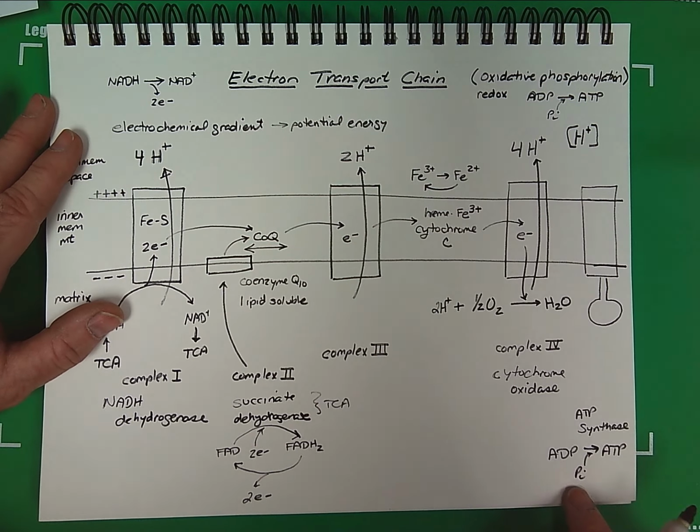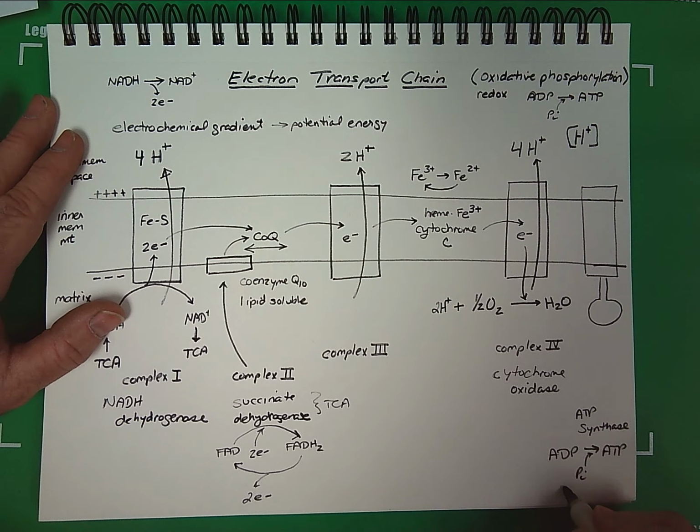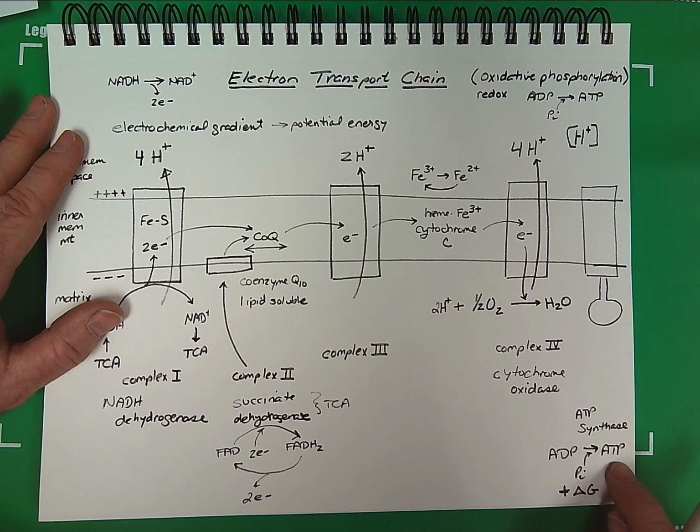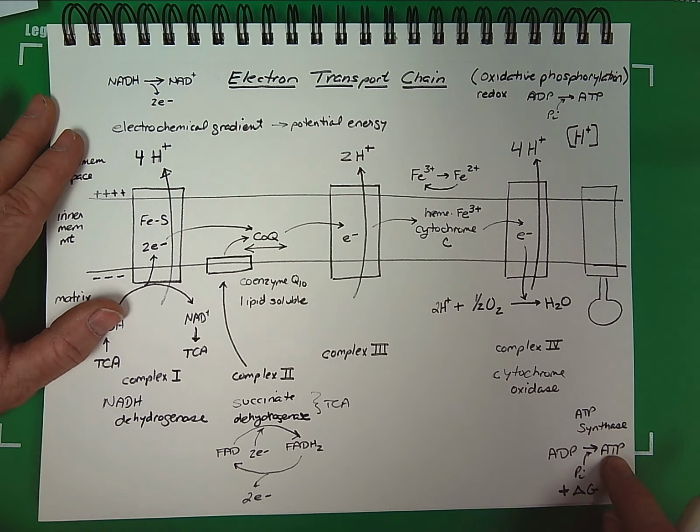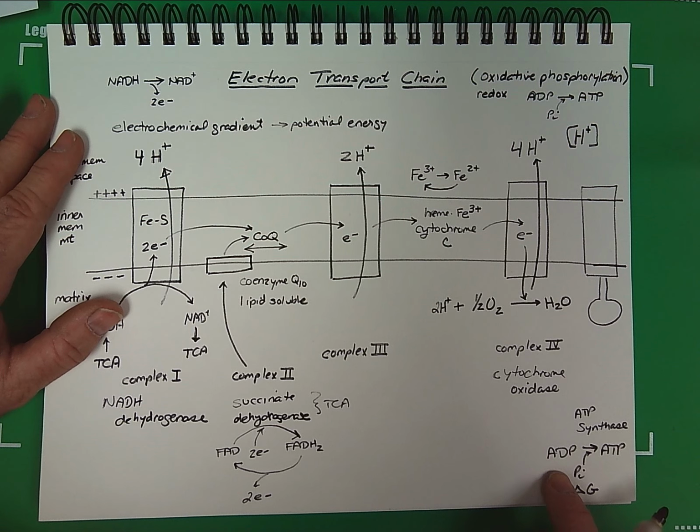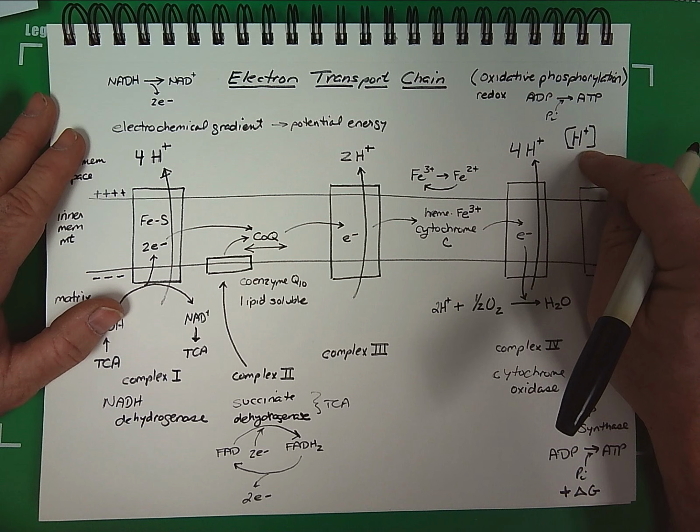Now, obviously, this is creating a high energy bond. So the conversion of ADP to ATP is a positive delta G. This is an unfavorable reaction, so we have to put energy into the system in order to generate this ATP. The energy that's going to be used is going to come from the gradient.